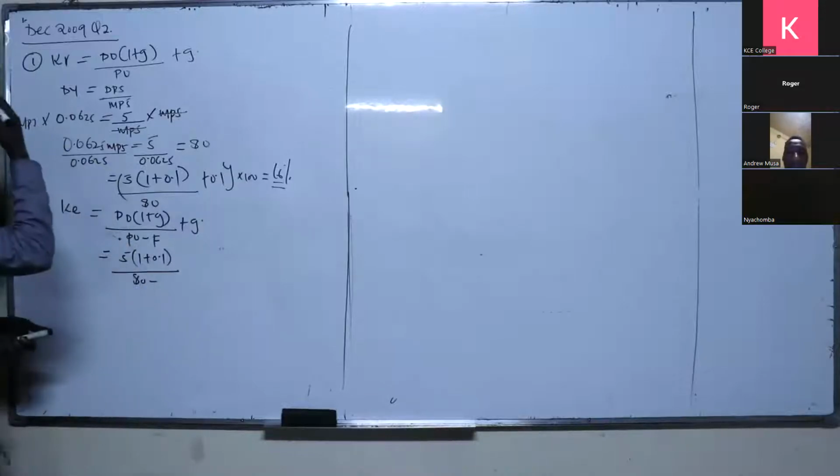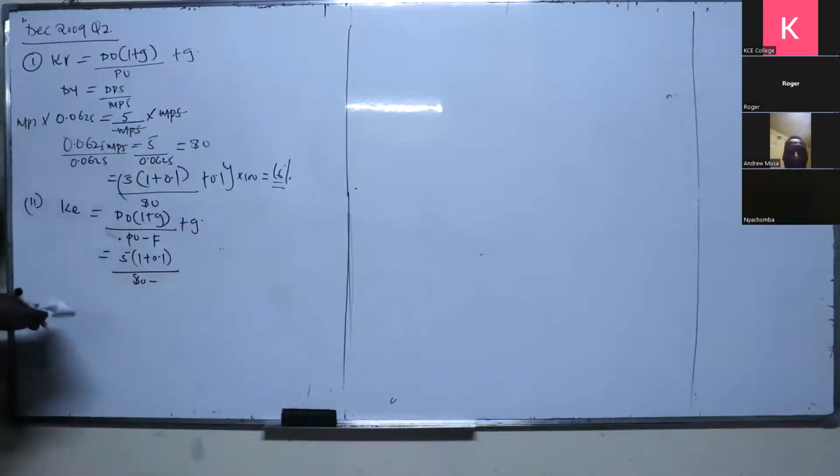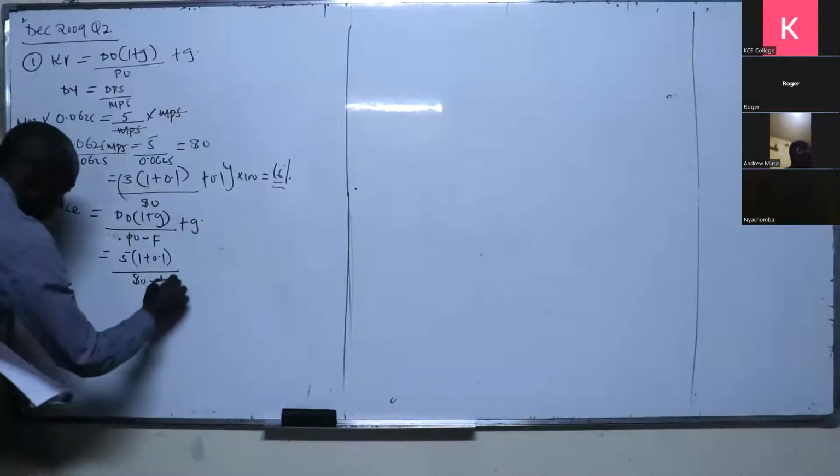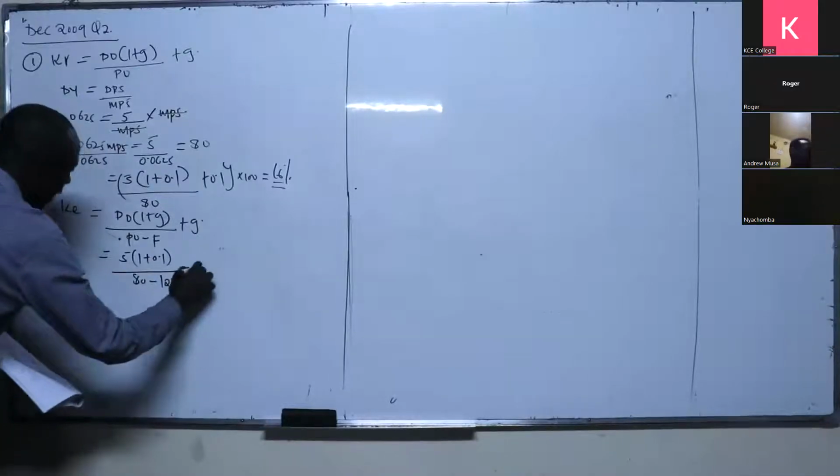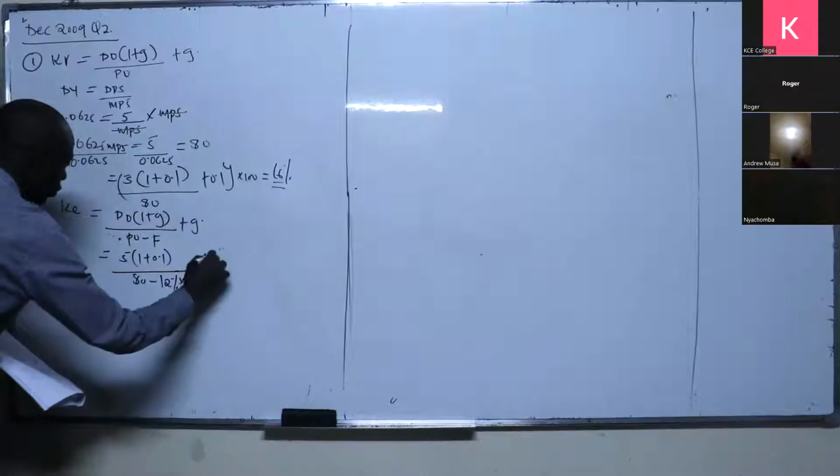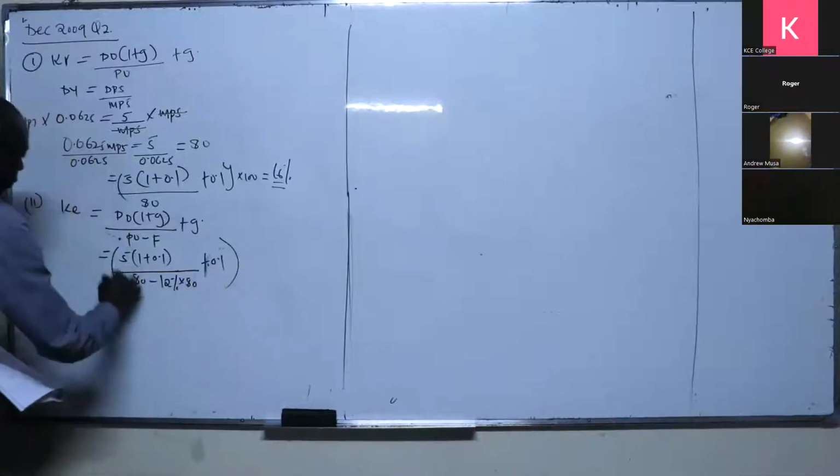What is the flotation cost? 12%. These are new shares that are being issued. 12% of 80, plus g. g is 0.1. And then you multiply by 100.